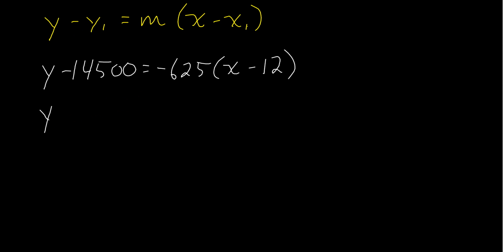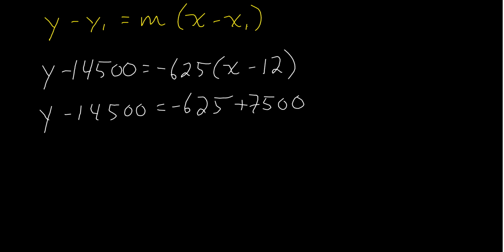We've got y minus 14,500 equal to negative 625 times x minus 12, and 625 times 12 is 7,500. So plus 7,500.